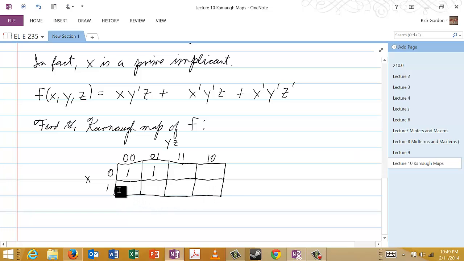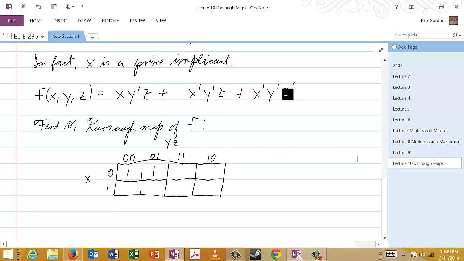When x is 1 and... well, let's make the following observation that will make this very quick. When x is equal to 1, x prime is 0. So along the entire bottom row, the second term will be 0, and the last term will be 0, because both of those terms involve x prime, and x prime is equal to 0 when x is equal to 1, and 0 ANDed with anything is 0.